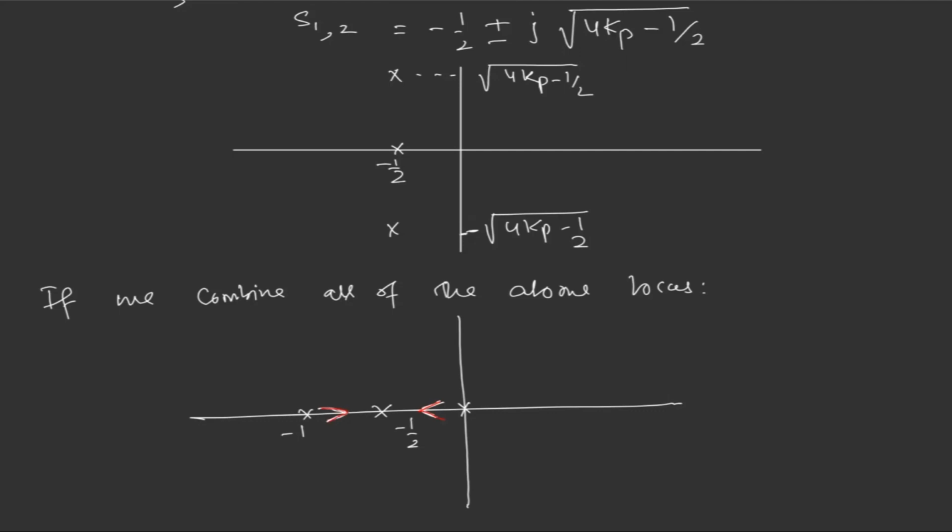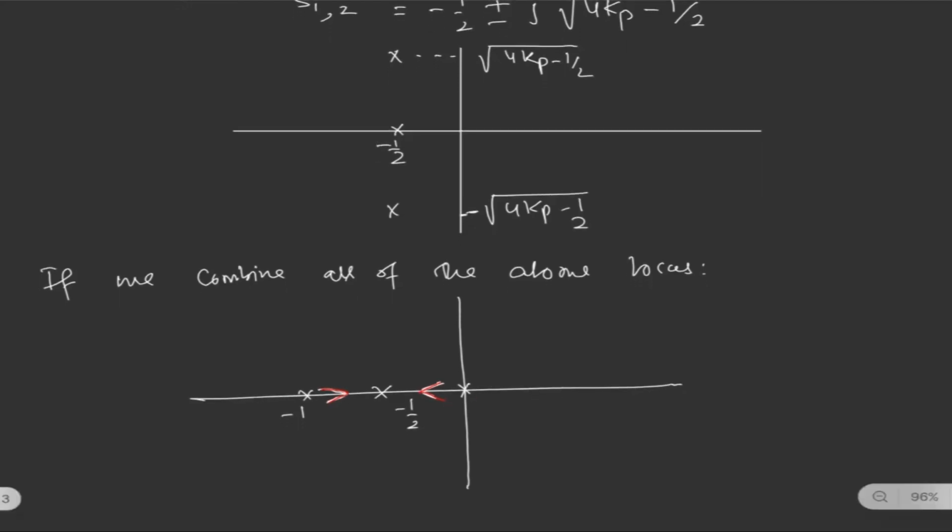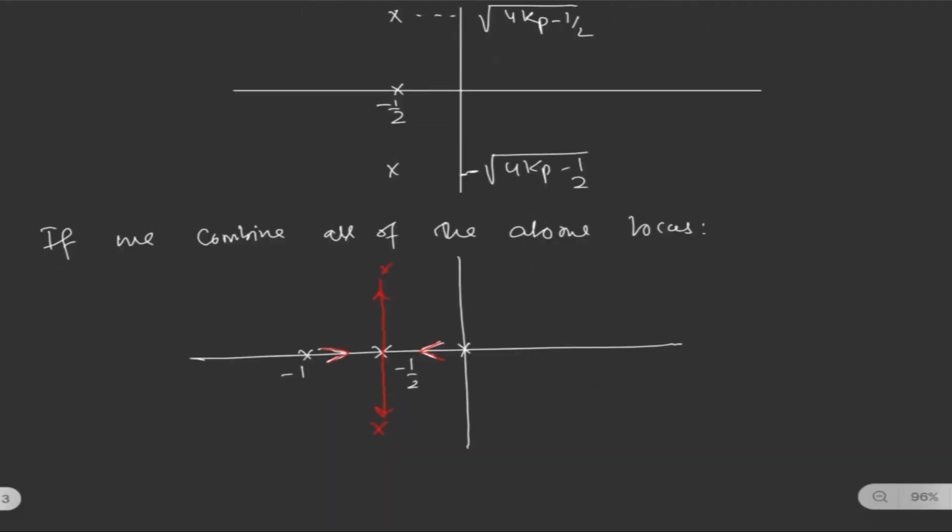and at -half it becomes imaginary, and here it becomes complex. So we can say at this point the breakaway happens and the poles go like this. This is how we can draw the locus of S. This is a very important concept.